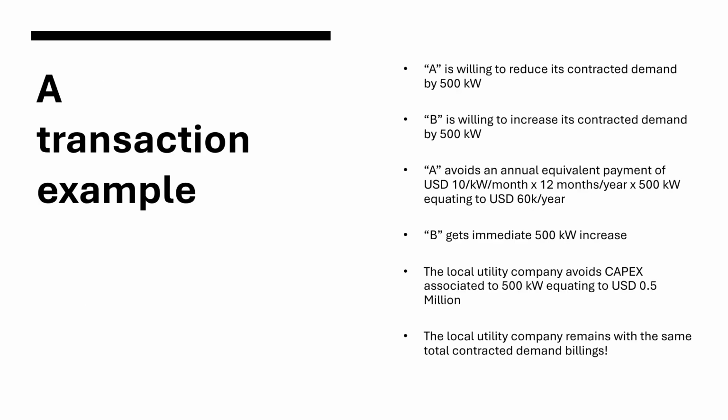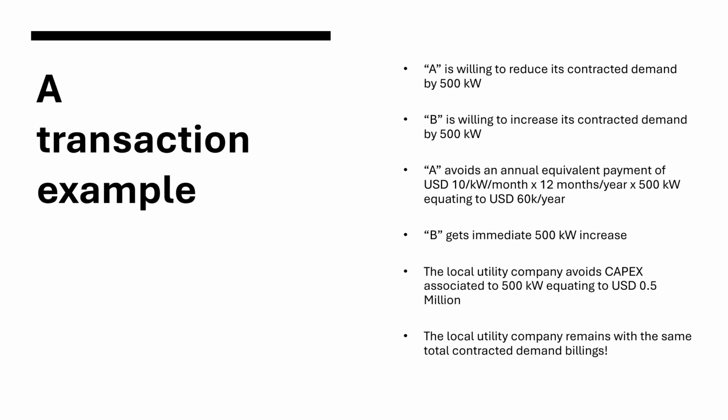Let's see a transaction example to make it easier to understand the concept. Let's say that energy user A is willing to reduce its contracted demand by 500 kilowatts. On the other hand, energy user B is willing to increase its contracted demand by 500 kilowatts. A avoids an annual equivalent payment of idle demands of, let's say that the ongoing rate is $10 per kilowatt per month.